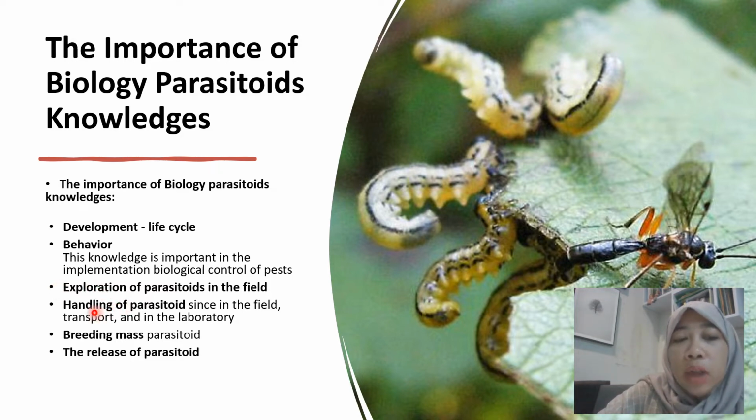So we should know how to handle the parasitoid from the field into the laboratory, and then the mass breeding of the parasitoid, how to breed, how to develop this parasitoid in the laboratory. That is the important thing. And after that, we can release the parasitoid into the ecosystem.